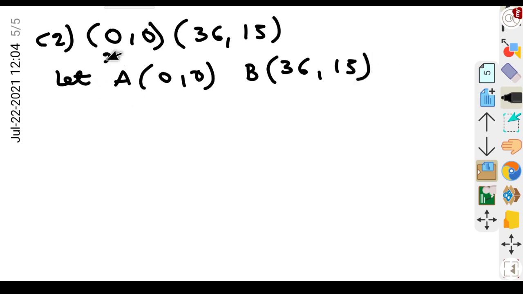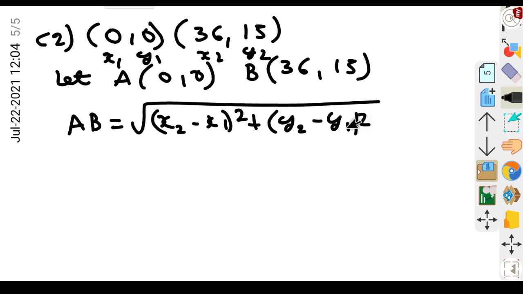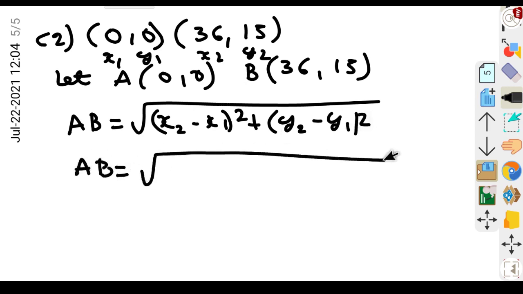So therefore call these x1 y1 x2 y2, correct? So therefore here you need to find the distance between AB. So AB equals the square root of, the formula is x2 minus x1 whole square plus y2 minus y1 whole square. So therefore AB equals the square root of, now you have the values, apply the values to the formula and simplify it.